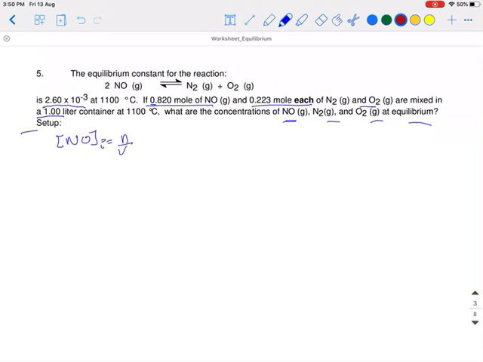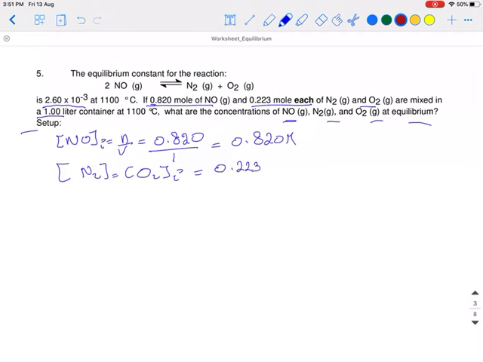It's the number of moles over volume, which is 0.820 over 1, which is 0.820 molar. And the initial concentration for N2 equals that of O2, which is 0.223 over 1, which is 0.223 molar.